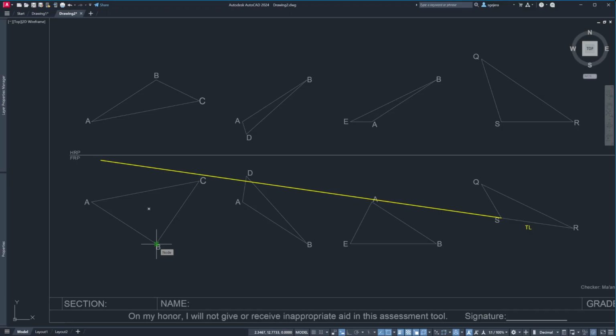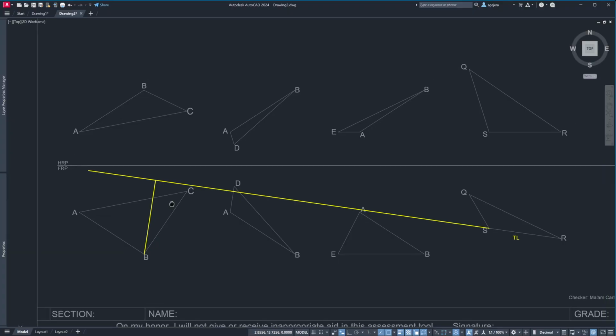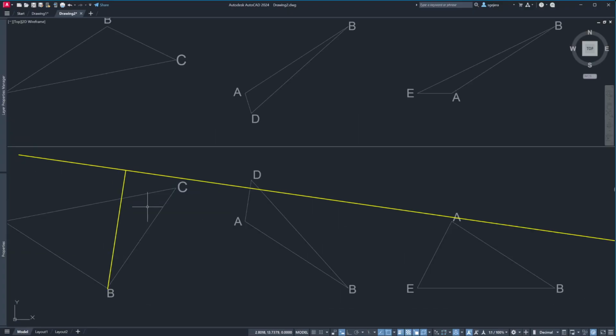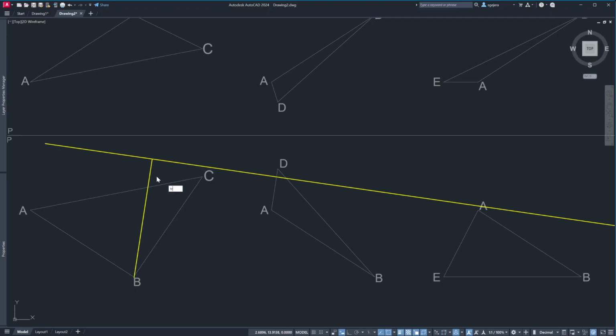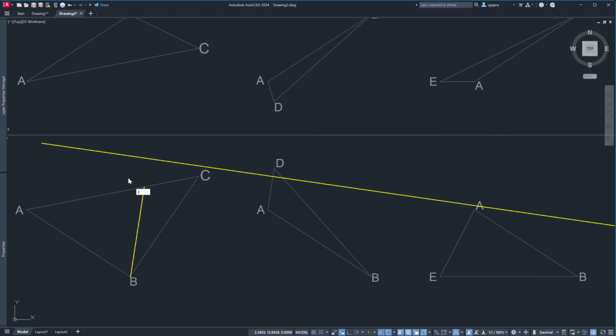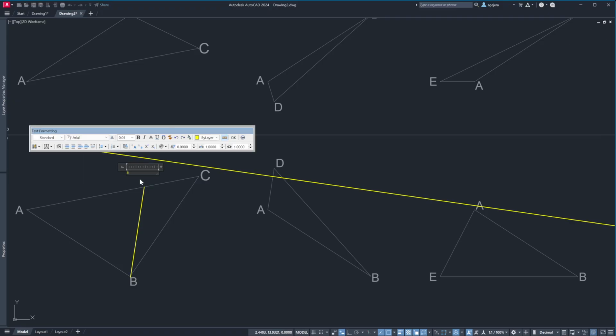I'll be using eto point B na lang, and I'll make it such that it is perpendicular to this line. Of course, you'll be using your sliding triangles dito, no? Here in AutoCAD, I'm just using the built-in feature of object snapping, pero again, you can easily also do this using your sliding triangles, no? Let me just clean this up. So eto, I'll label this as B prime.